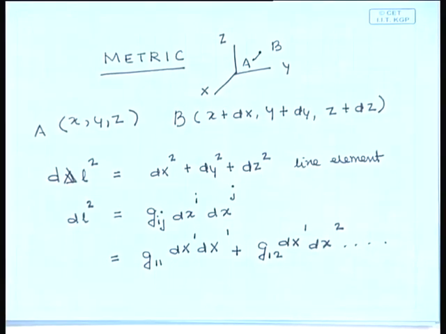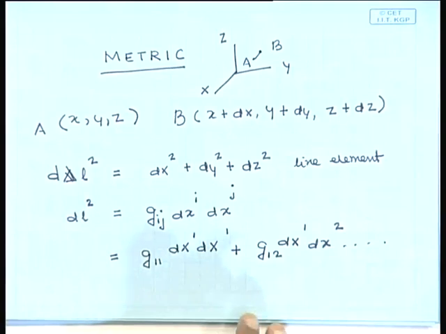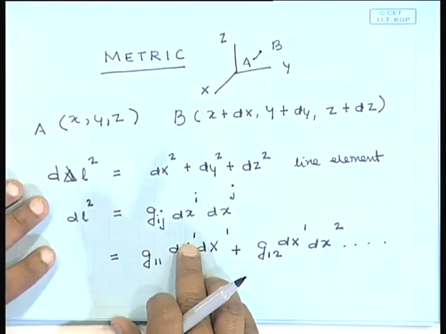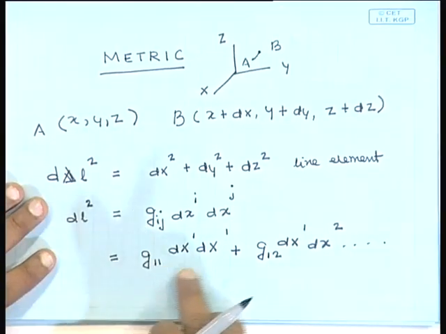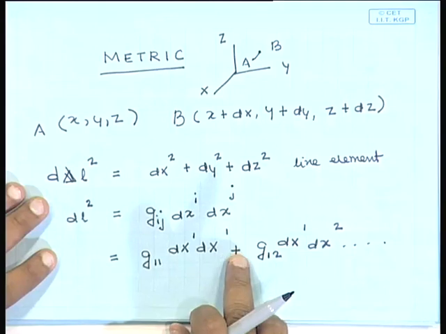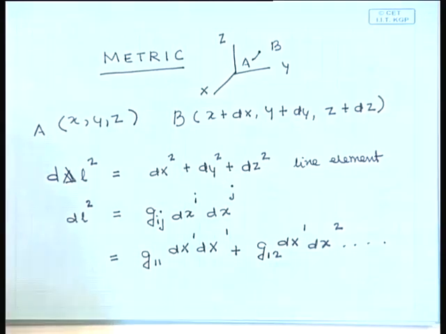I and j have to be summed over all 3 values 1, 2 and 3. So there will be 9 values in all, of which 3 are exactly the same, so there will be 6 independent separate values. Remember that dx1 essentially refers to dx, dx2 refers to dy and dx3 refers to dz.